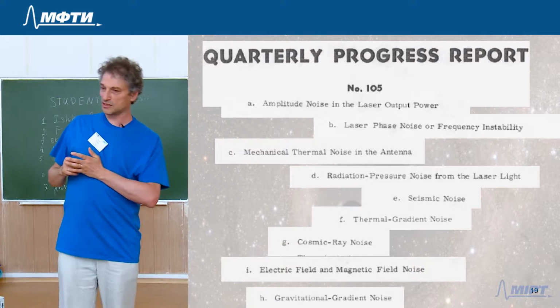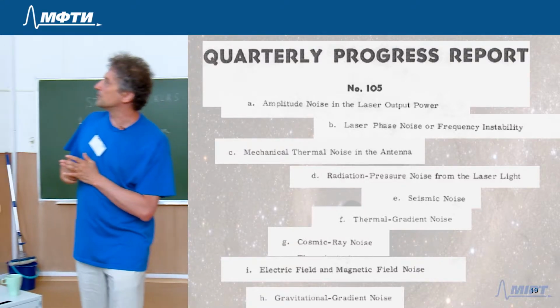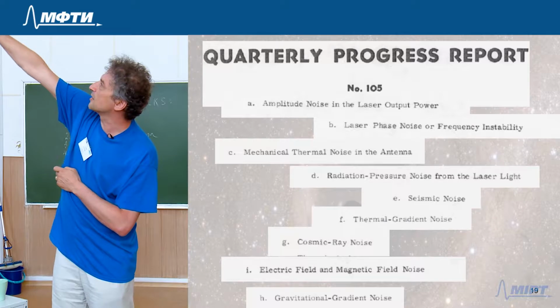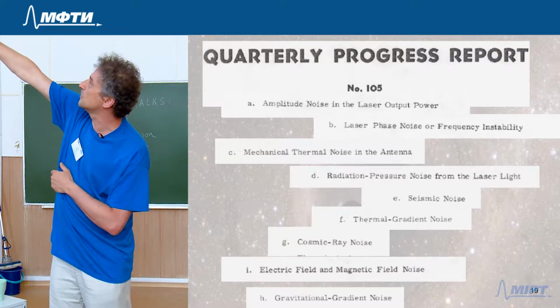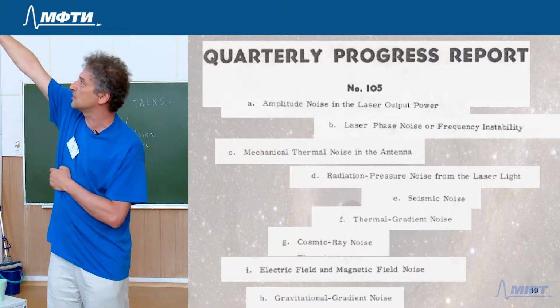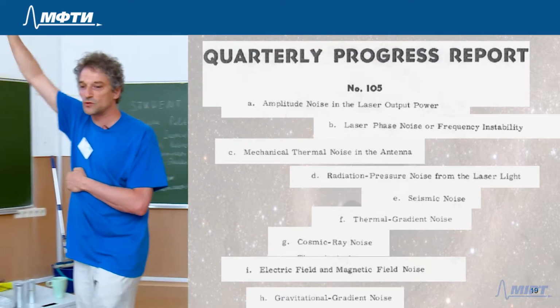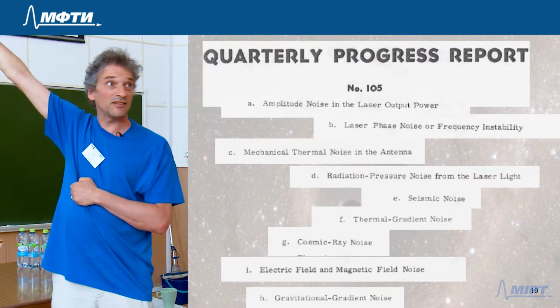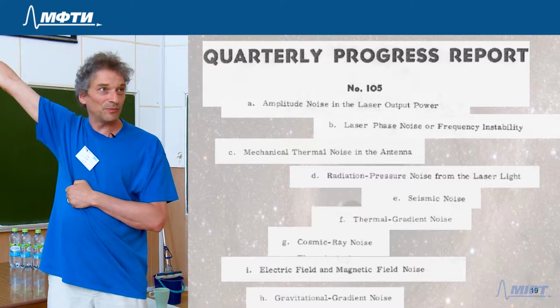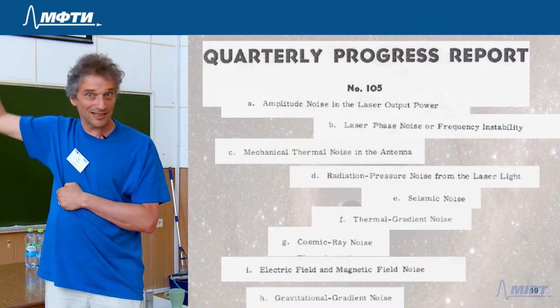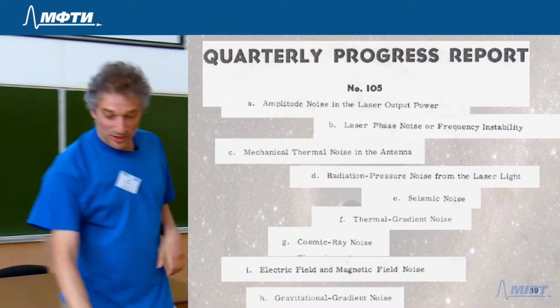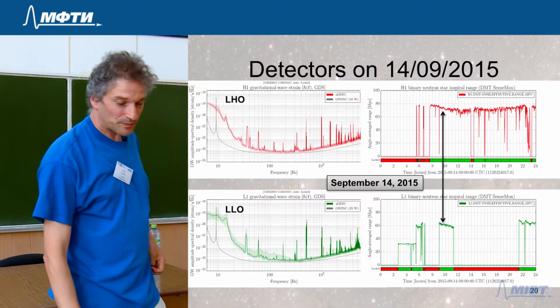Sorry, you can't see this very well somehow. But all these words like mechanical thermal noise, radiation pressure noise, this is what the LIGO instrumentalists have been talking about for the past 30 years. And these words were said first by Ray Weiss.